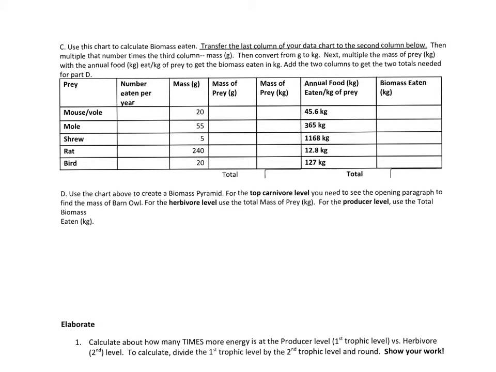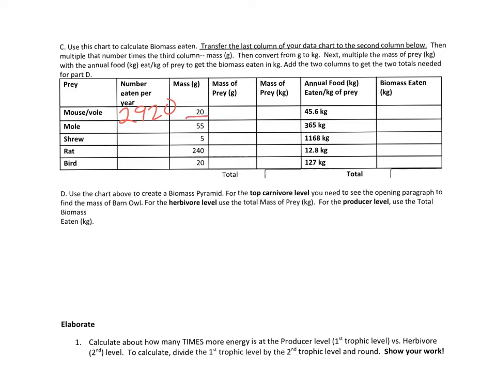So this part of the lab report, what we're really looking for is we're going to be constructing a pyramid of not numbers, but simply biomass. So remember, biomass is the amount of living material that is consumed here. So we are going to take our number of prey eaten per year, which in my pellet was 2,920. We're going to multiply, mine were all rodents, mice or voles.